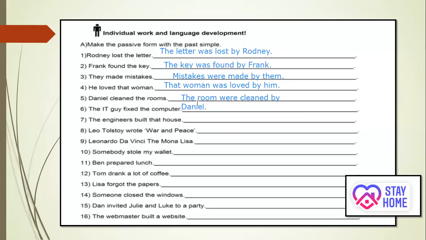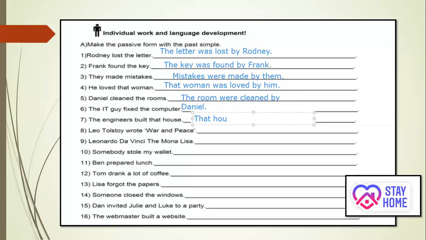Let me fix this, please. And we have another one. I will skip number 6 because of this part. It says, the engineers built that house.